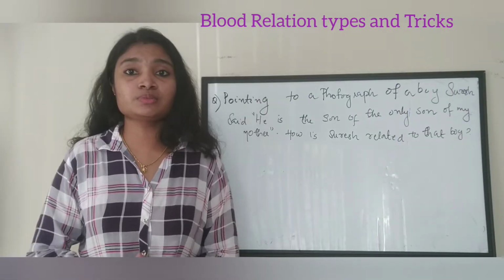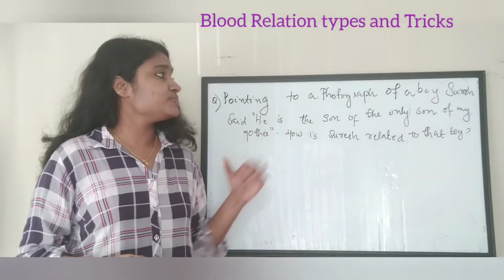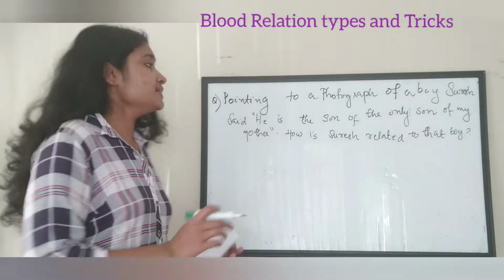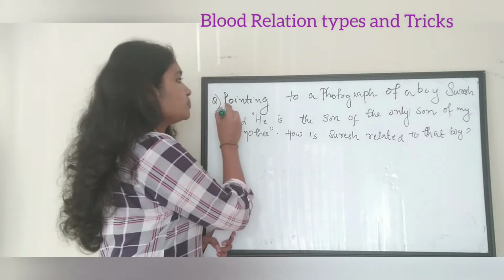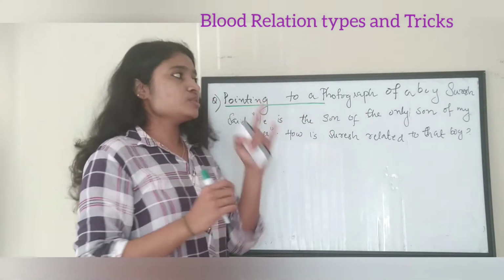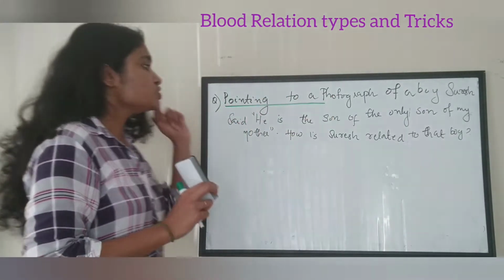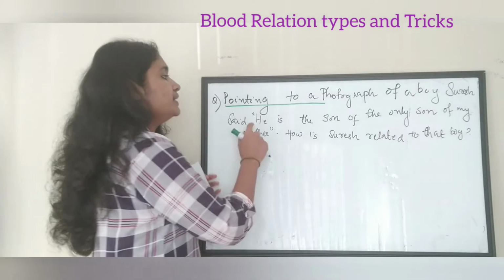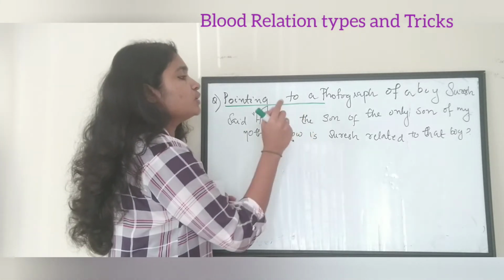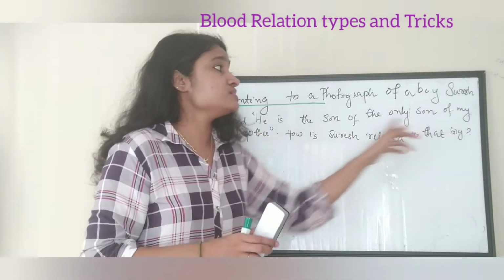Okay, the first type of problem which we are going to face in blood relationship is the pointing type. So here the question will start like this: pointing to, or pointing to a photograph. So what is the question here? Pointing to a photograph of a boy, Suresh said, "He is the son of the only son of my mother." So this sentence is really confusing.